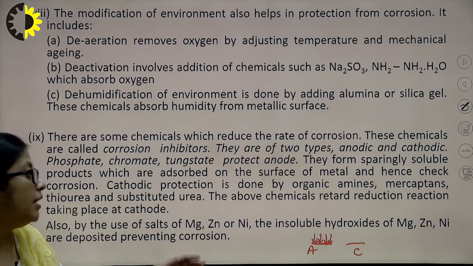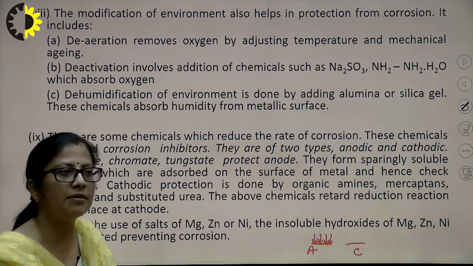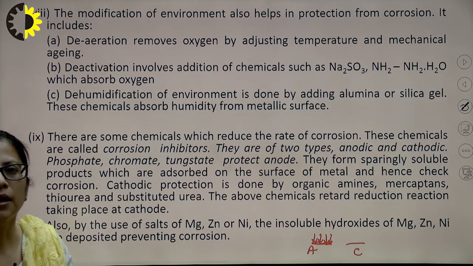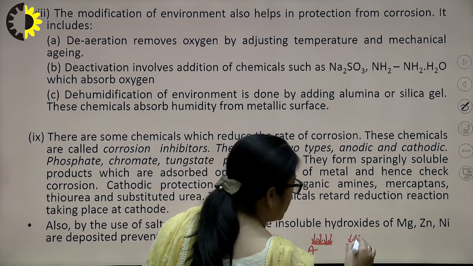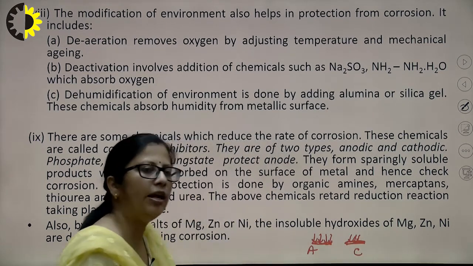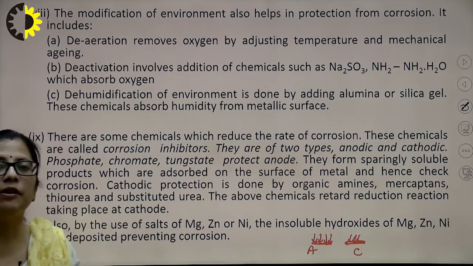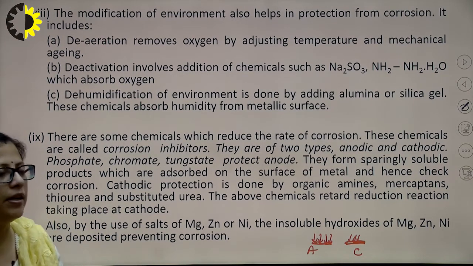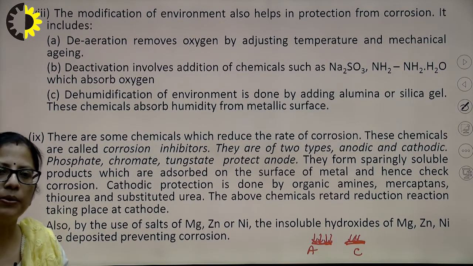Similarly, the cathode is also protected by using organic amines, mercaptans, thiourea or substituted urea. Again, they form an insoluble precipitate and cover the cathodic areas. So, the lesser the exposure of anode and cathode, the lesser the rate of corrosion. And these chemicals retard the reduction reaction taking place at the cathode.